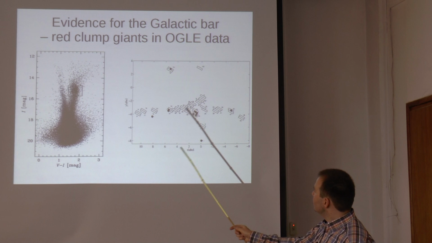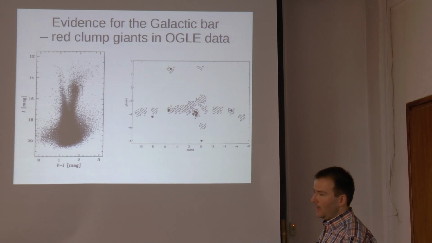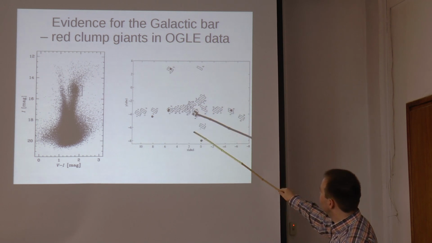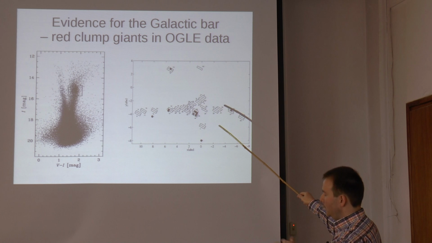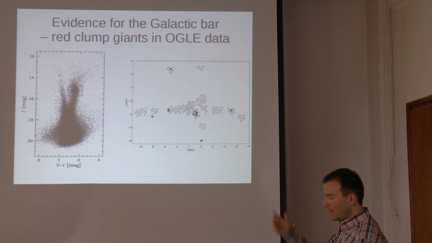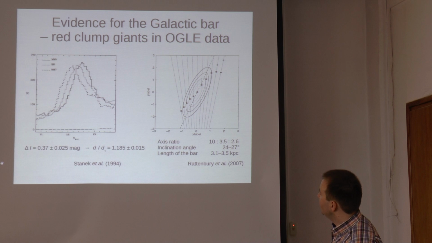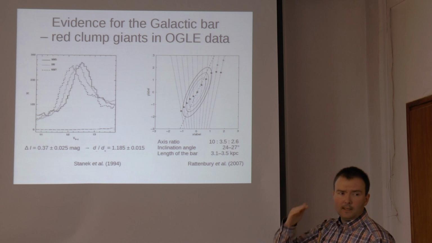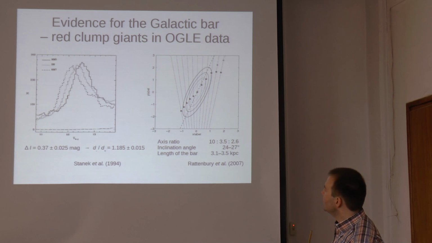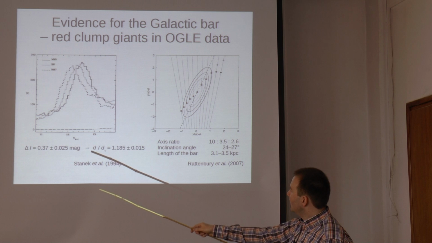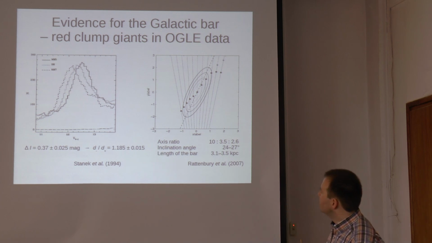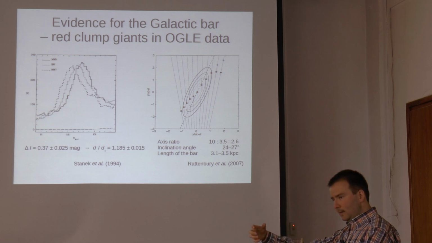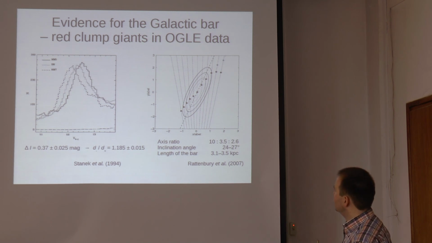Observations of red clump stars at different galactic longitudes, about 5-6 degrees to the left and right from the galactic center, brought this result. There are differences in magnitude, in brightness of these stars, which come from different distances to one end and the other end of this bar.